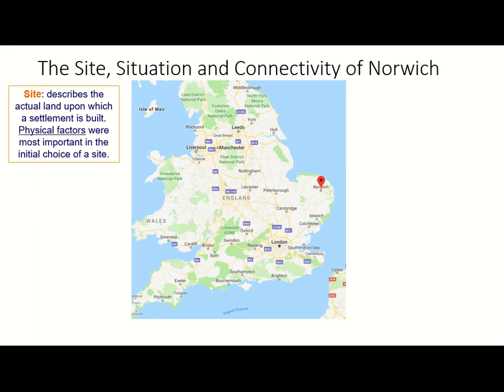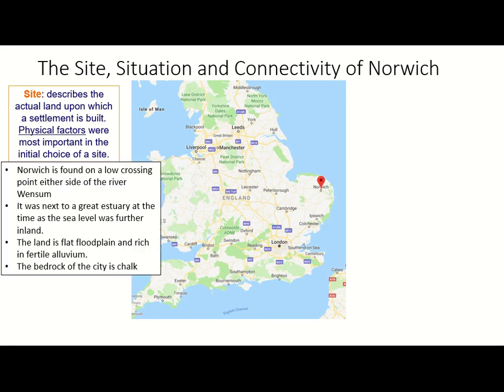For example, physical factors include things like rivers or fertile ground or sheltered areas. So any area that has a physical characteristic which is advantageous or useful to a place being settled is where places are often found. You'll find many cities and towns in the UK are either located near a river or close to a river, but could also be located next to the coast. Okay, so that's site in general.